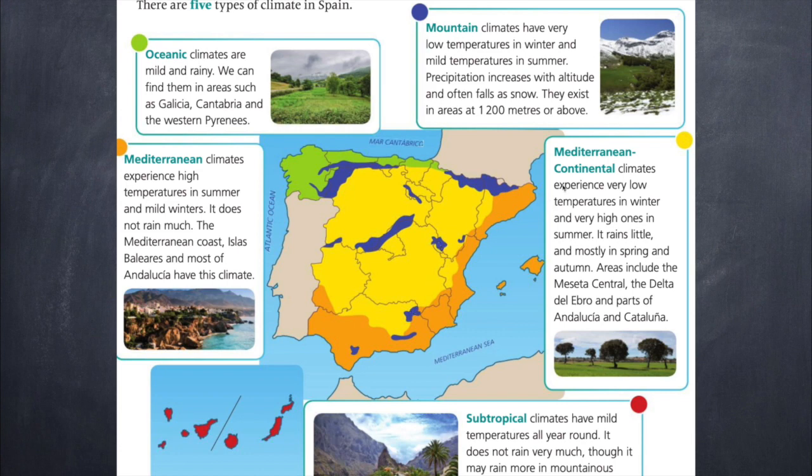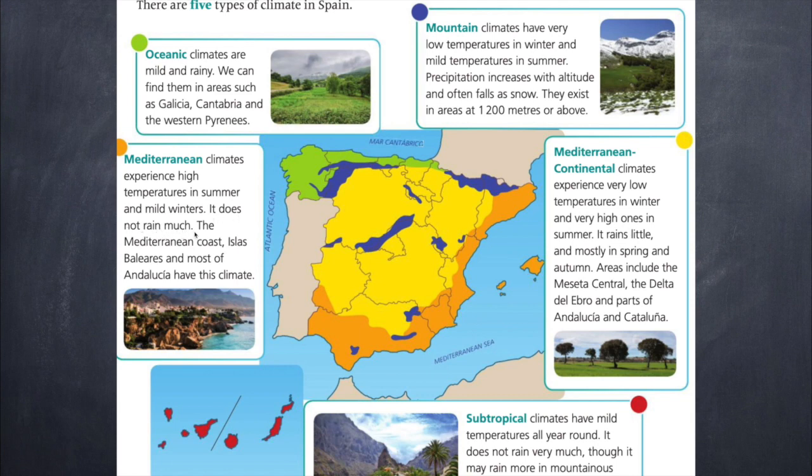Then we have Mediterranean continental climates that experience very low temperatures in winter and very high in summer. It rains little and mostly in spring and autumn. We can find it in the Meseta Central, the Delta del Ebro, and parts of Andalusia and Catalonia. Then we have the Mediterranean climate. It's very hot in summer with mild winters.